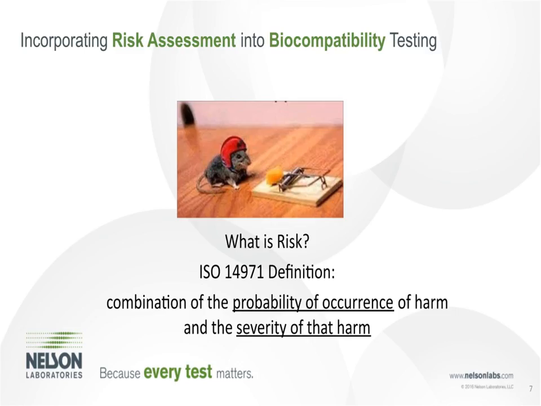In that draft, it is very heavily associated with a risk-based approach and very closely associated with ISO 14971. In that standard, they define risk as the combination of the probability of occurrence of harm and the severity of that harm. That is the essence of what this BEP is: to evaluate the probability of harm and then the severity of that harm that could occur.